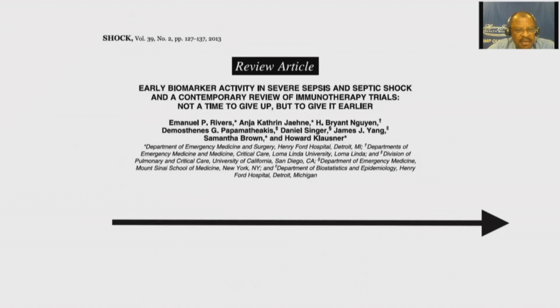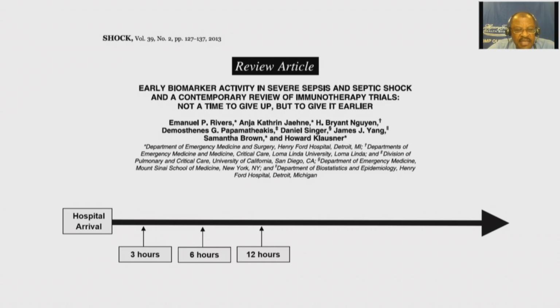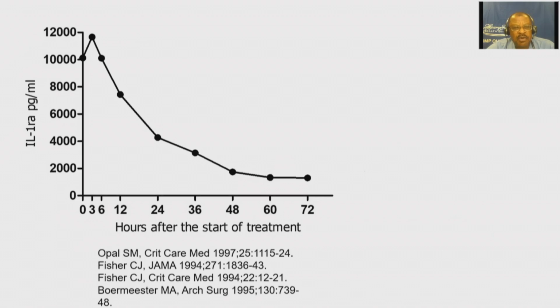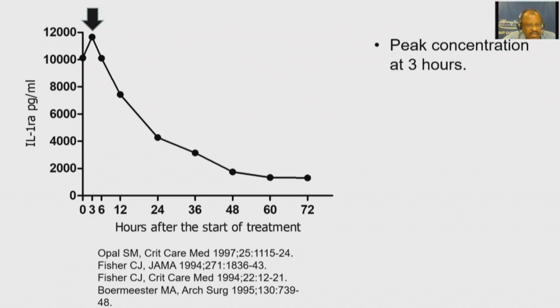So we took one step from the early goal-directed therapy study and analyzed the natural history of certain inflammatory mediators, and one specifically was IL-1 receptor antagonists. We examined these patients from hospital arrival every 12 hours until 72 hours into their hospital stay. What's interesting about IL-1 receptor antagonists is that its biomarker activity is greatest during the first 3 hours of hospitalization.